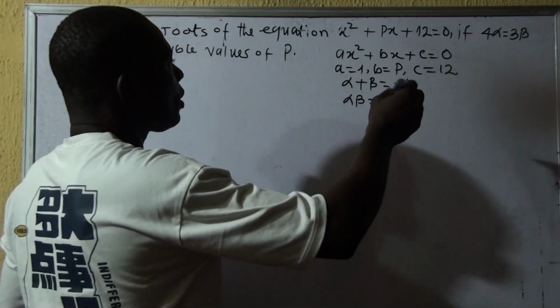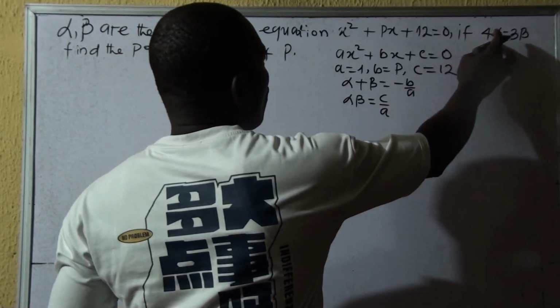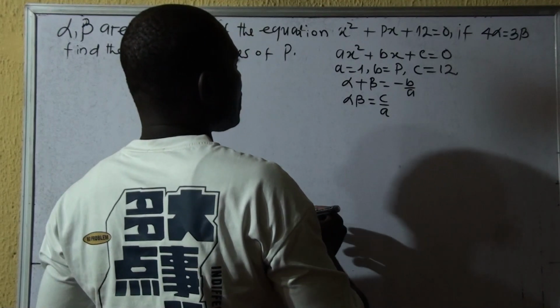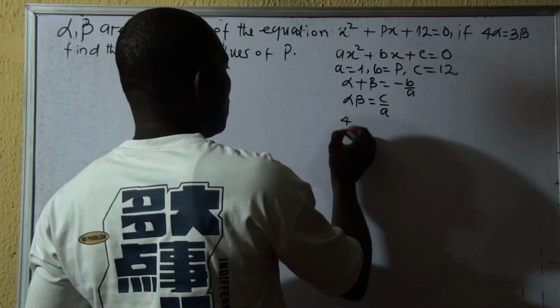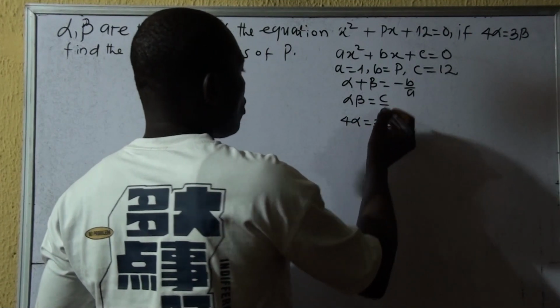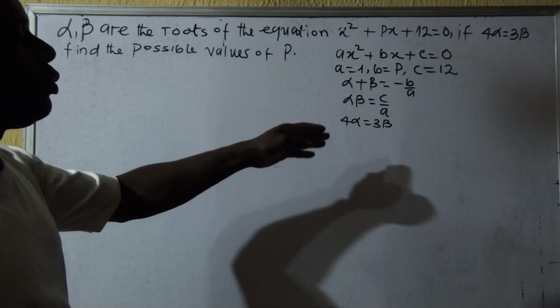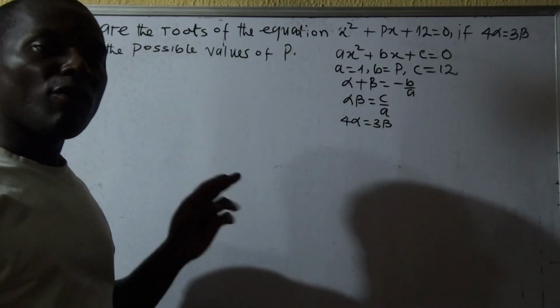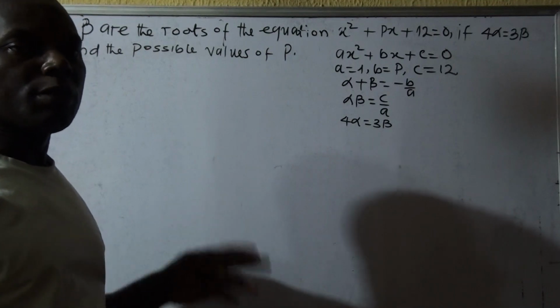From the question, we have that 4 alpha is equal to 3 beta. To move forward, we make either alpha or beta the subject of the relation.